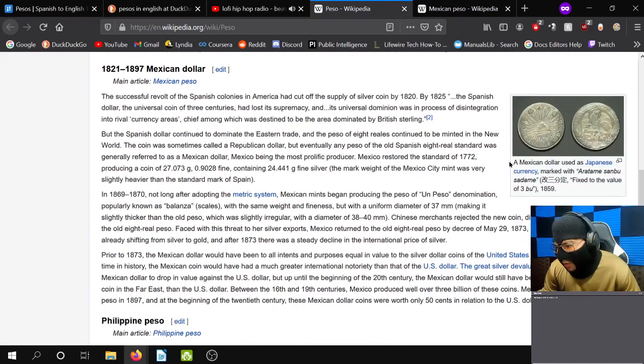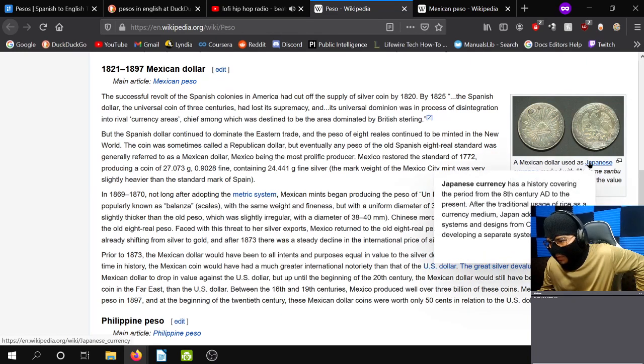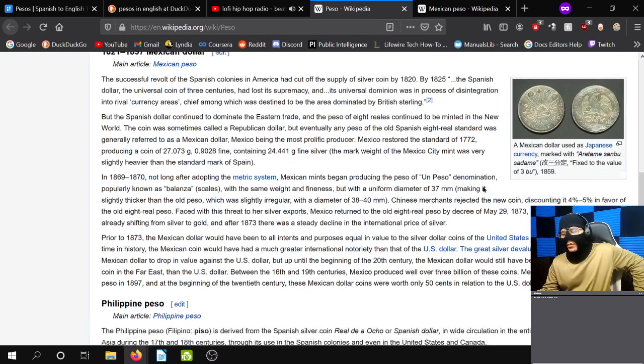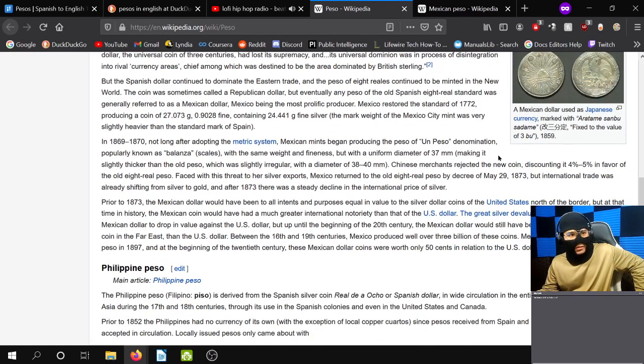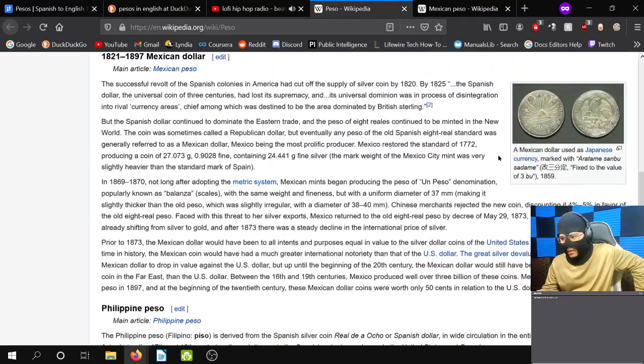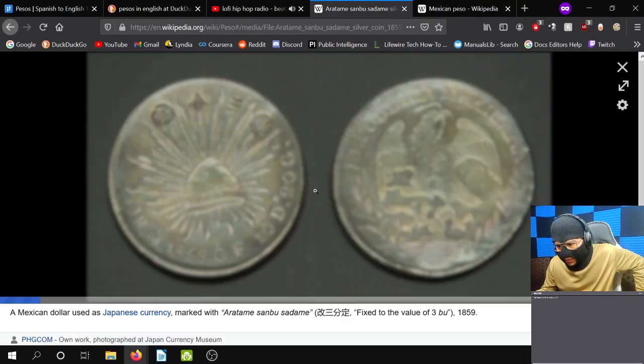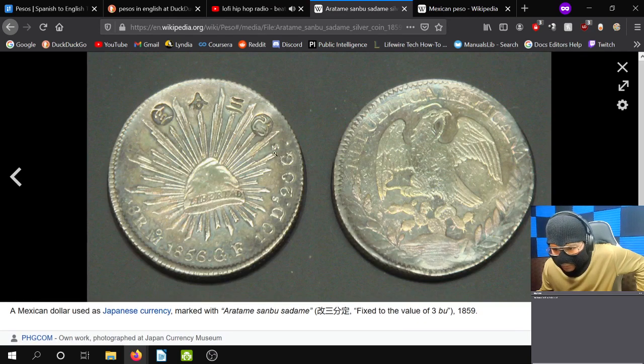Looking at pictures, let me read this. A Mexican dollar used as Japanese currency, marked with Kaei Sambu Sadame, fixed to the value of 3 bu, 1859. Used as Japanese currency, so that's interesting. But yeah, it actually does show its influence, that even in a country that doesn't speak the Spanish language, they do trades and stuff like that, and this actually has some of the signs and such.